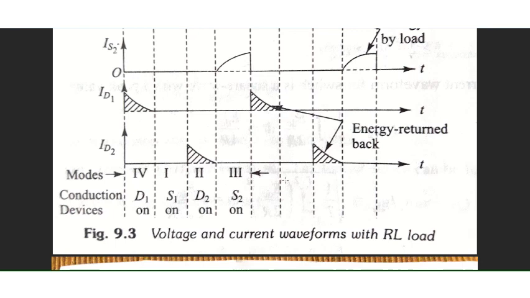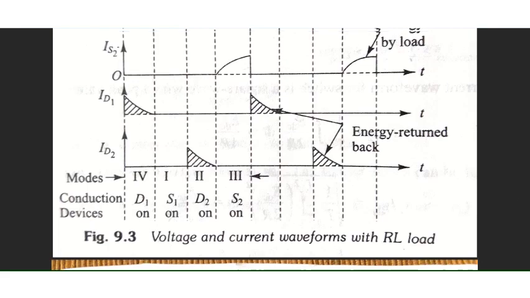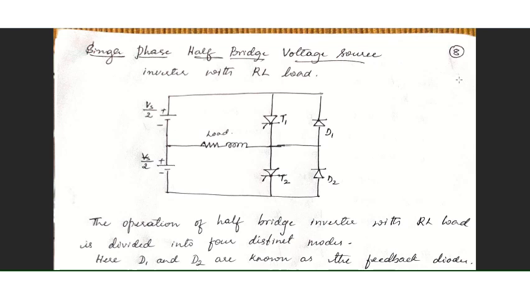And continuing here, between 0 to T1 or T4 to T5, which is the same, this is the time when diode D1 will be conducting. So that is the operation of this single phase half bridge voltage source inverter with RL load.